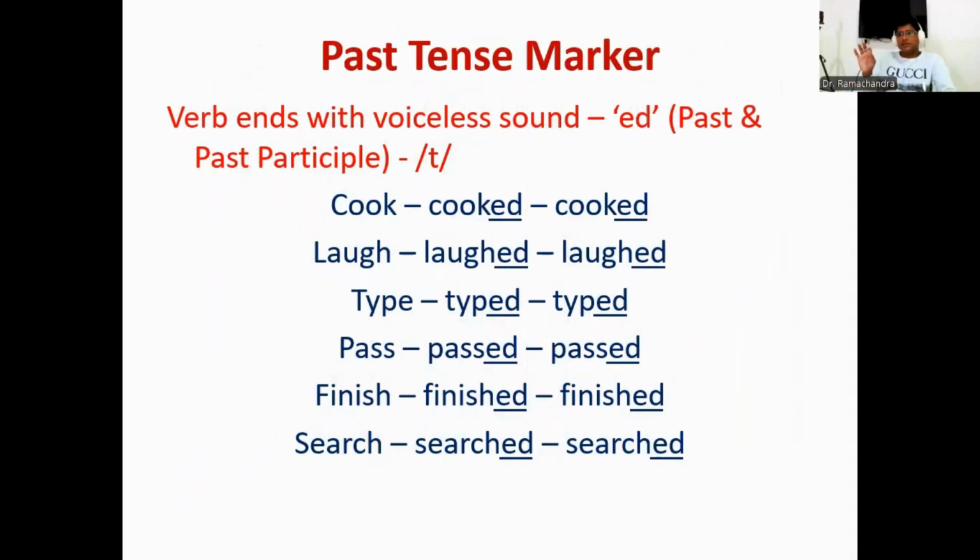Look at this: past tense marker. You look at the verbs: present tense, past tense, past participle. Cook is an action verb, and this is a weak verb, a regular verb in English, because you just have to add only ed in the past tense and the past participle.